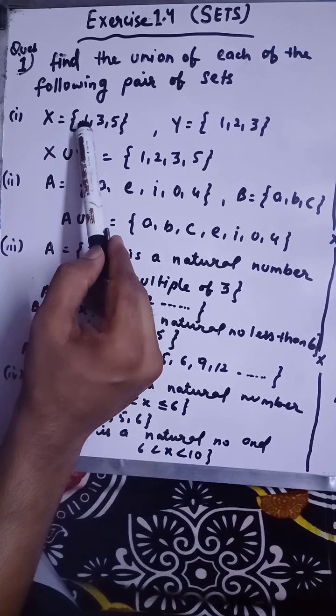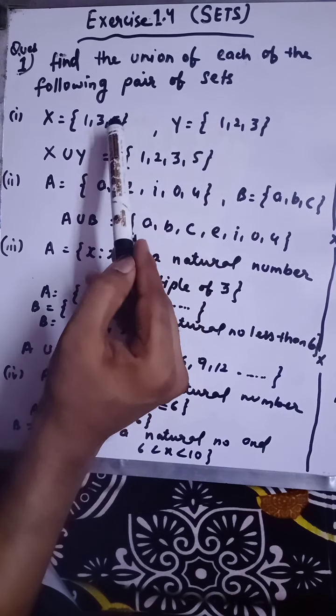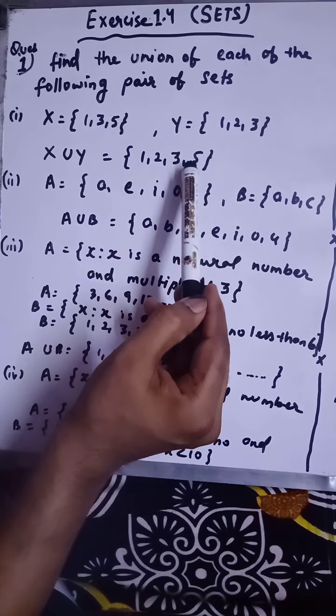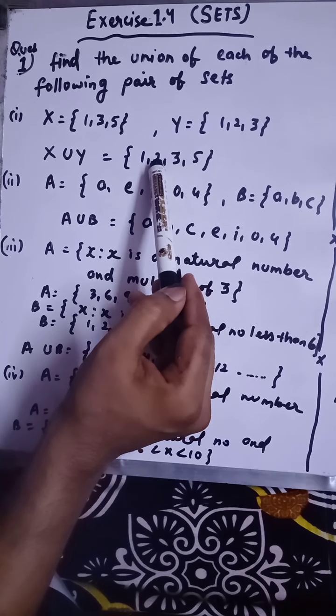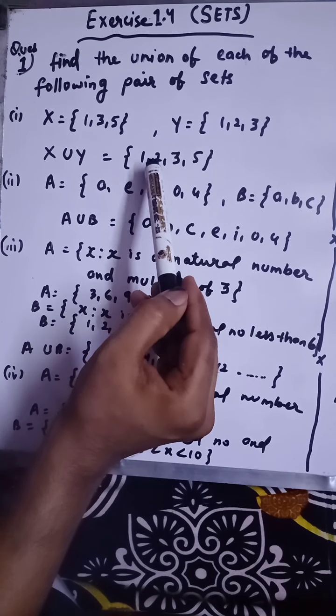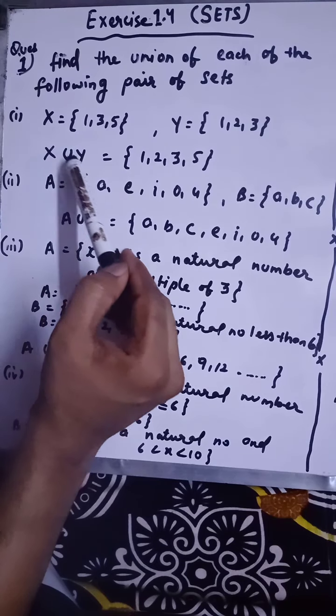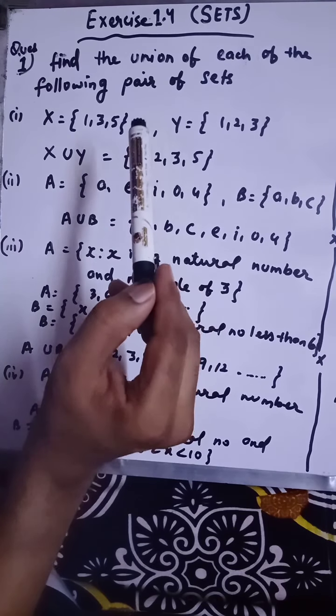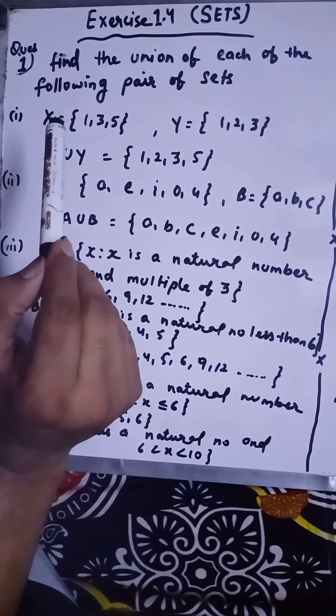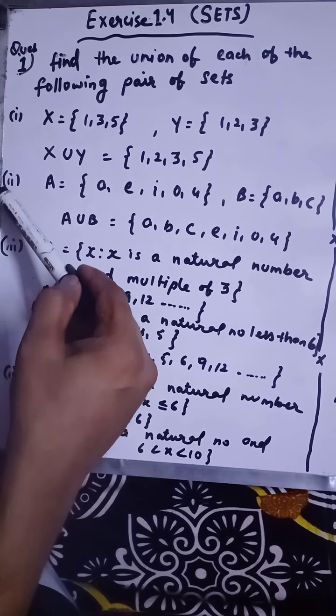So I'm writing 1, 2, 3 and 5. These 4 numbers are coming, and we cannot repeat elements. So X union Y will be 1, 2, 3, 5. Got it?